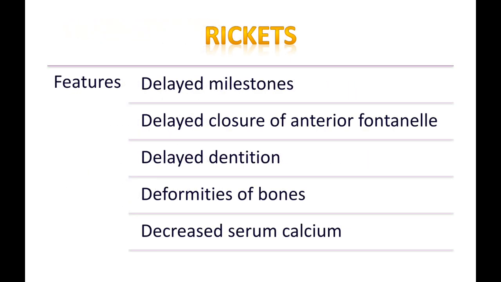So come to the features of rickets. There are delayed milestones in children, delayed closure of the anterior fontanelle in the skull, and delayed dentition, then deformities in bones like bow legs, and decreased serum calcium levels.